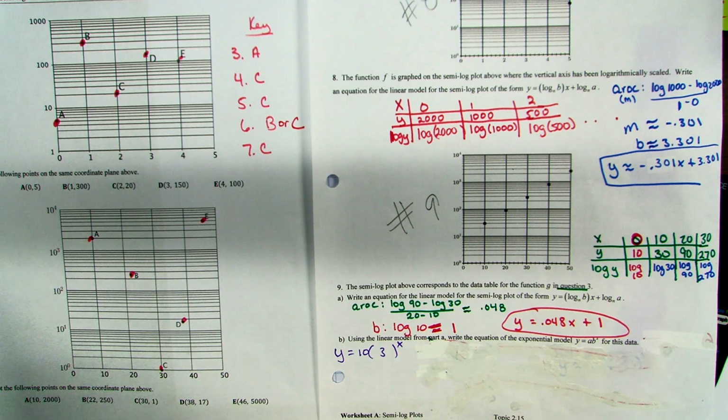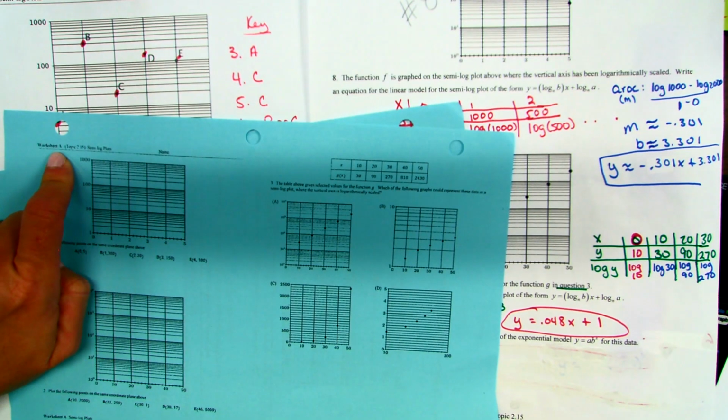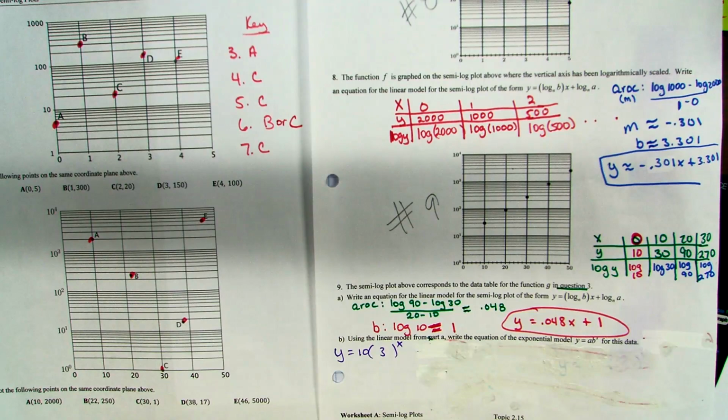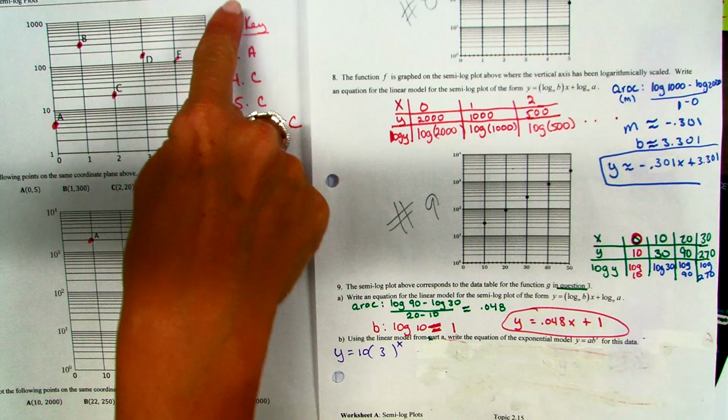I don't know. So we're not doing 1, 2, 3? Oh, does yours just say worksheet A? Okay, it's C7. Sorry. I should have put that on there. We're not doing 1, 2, 3 though? Oh, I know. This is number 1. This is number 2. 3 through 7.